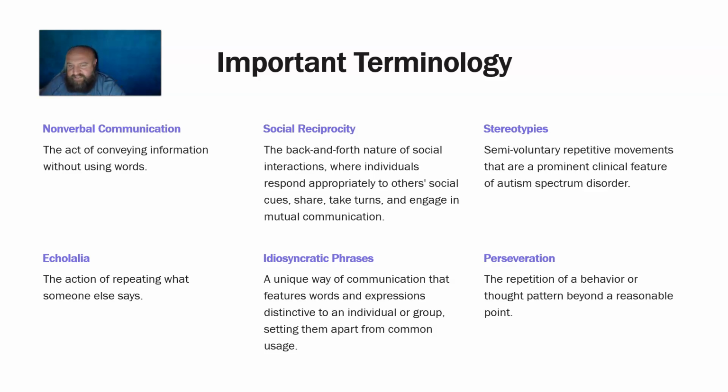Social reciprocity. So social reciprocity is kind of like the back and forth that happens in social settings that most of us just kind of take for granted. Some of this can be kind of gauging things like how to talk to somebody, right? You kind of see somebody beginning to motion like they want to talk, and it's your cue to stop talking and let them talk. And that's that little kind of back and forth.